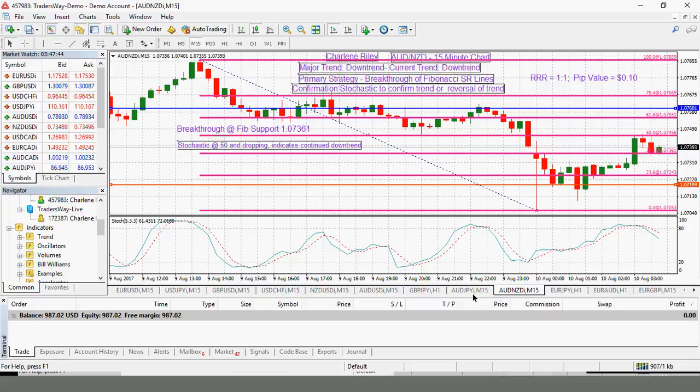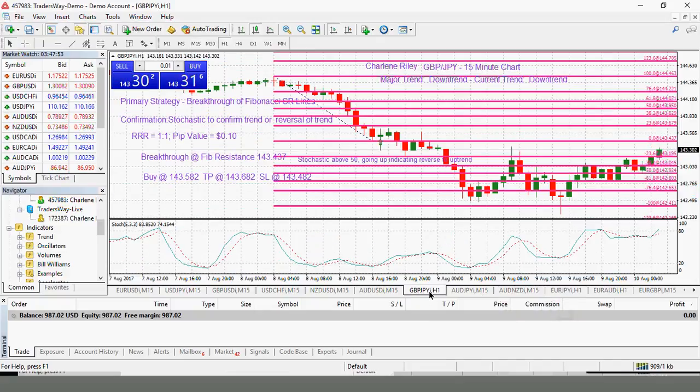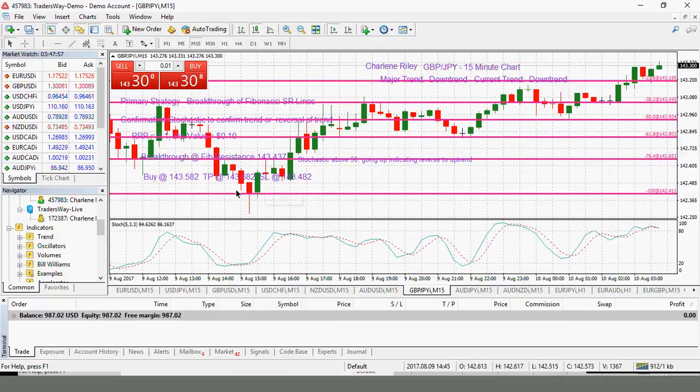Now, meanwhile, I'm going to take a peek here at my British Pound JPY 15-minute chart, and I see that that's in an uptrend. But I'm also seeing that the market is in an oversold position.